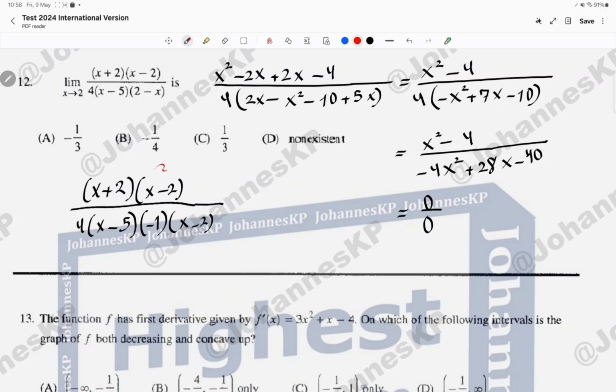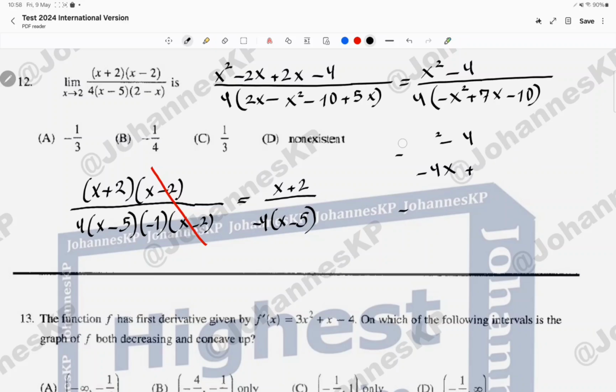And now I could cancel these guys out. And now plugging in 2 is not going to give me a 0, and the denominator is going to be fine. So I'm going to have x plus 2 minus 4x minus 5. So x plus 2 minus 4x plus 20.